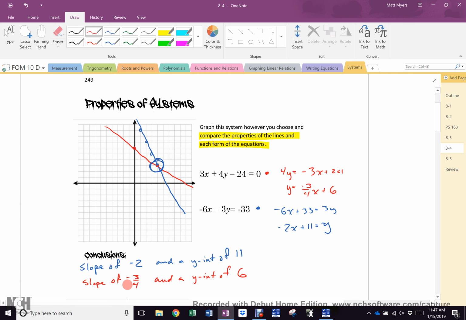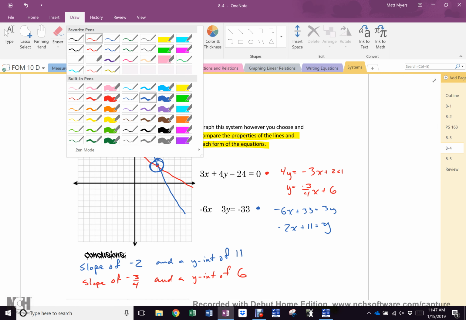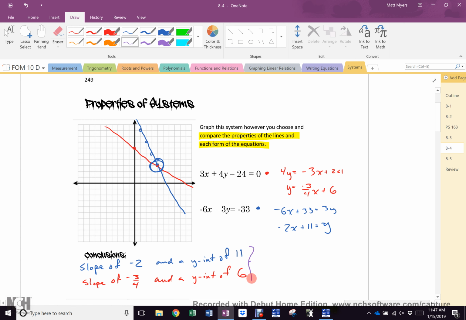Each line as a system, which I'm going to write in purple, there's a solution at 4, 3. Does everybody understand?